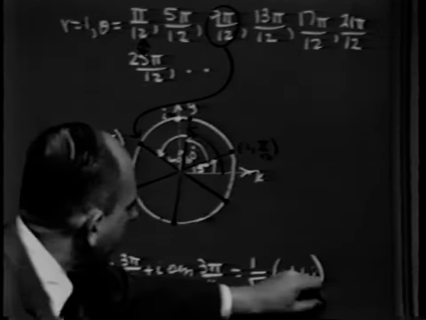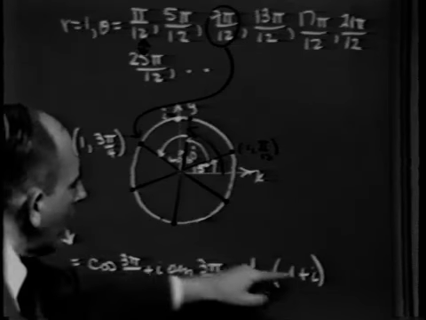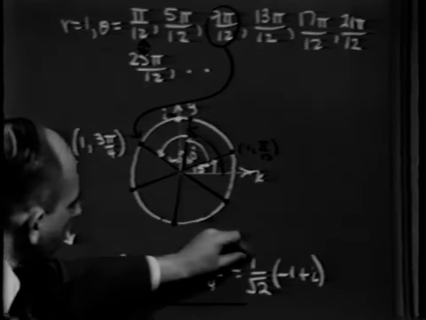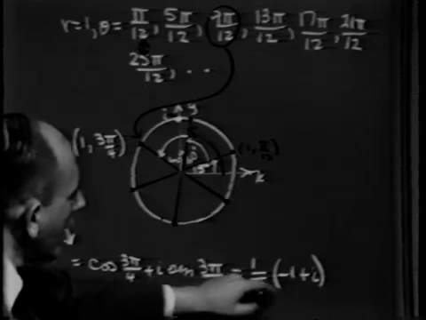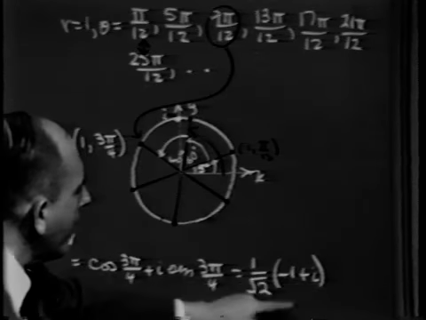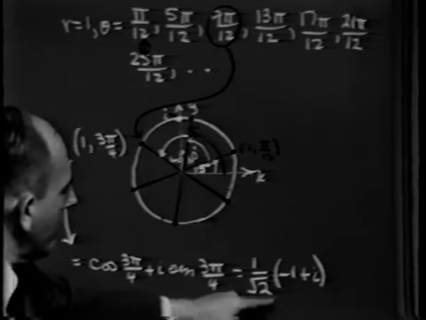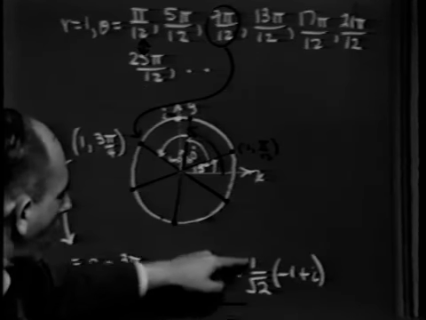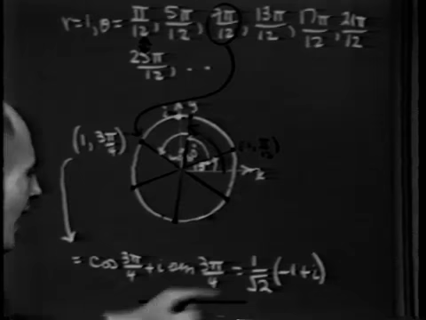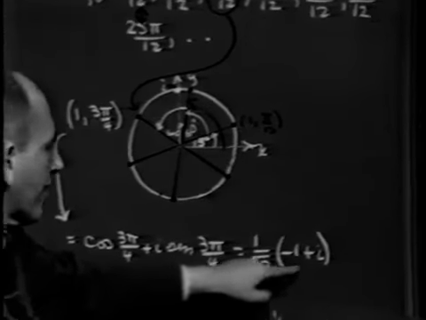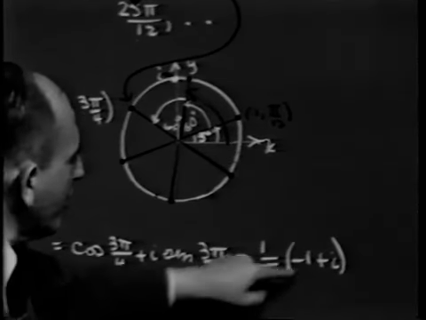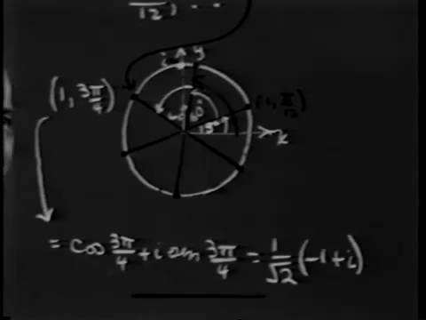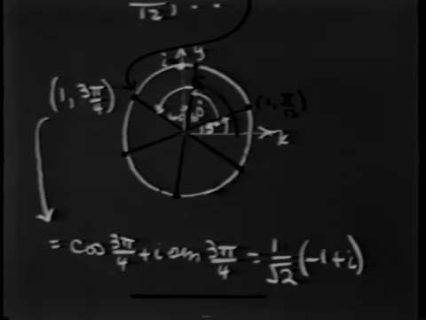So in typical x plus iy form, one of the roots is 1 over the square root of 2 times (minus 1 plus i). In other words, the real part of this complex number is minus 1 over the square root of 2. The imaginary part is 1 over the square root of 2. And I leave it again as a voluntary exercise for you to actually raise this to the 6th power and find, amazingly enough, that you do get i for an answer.